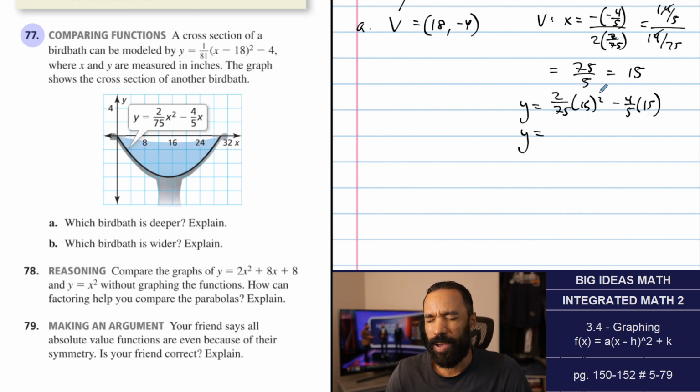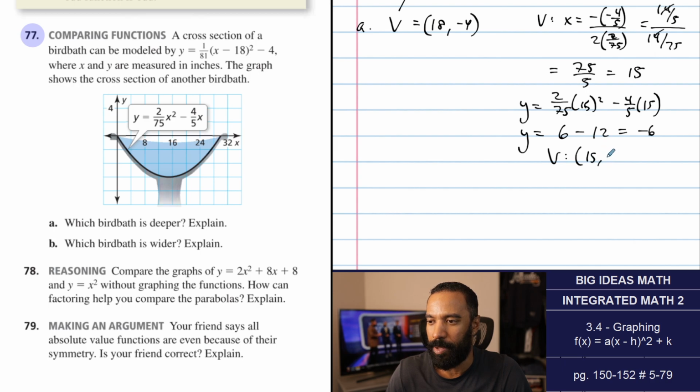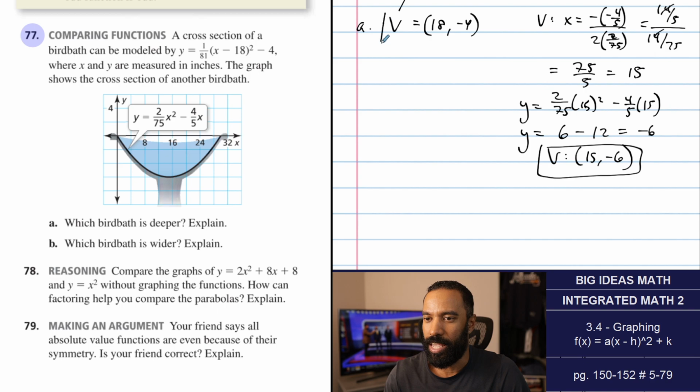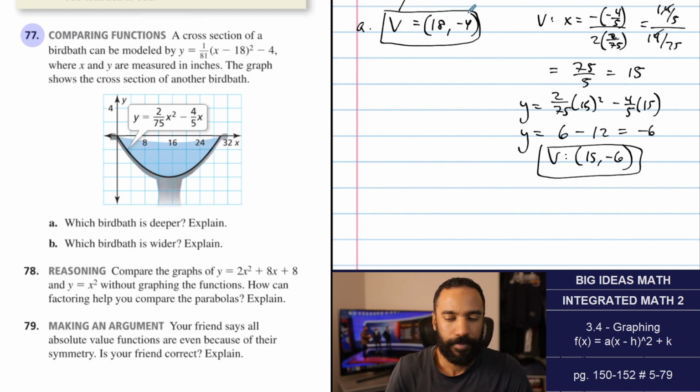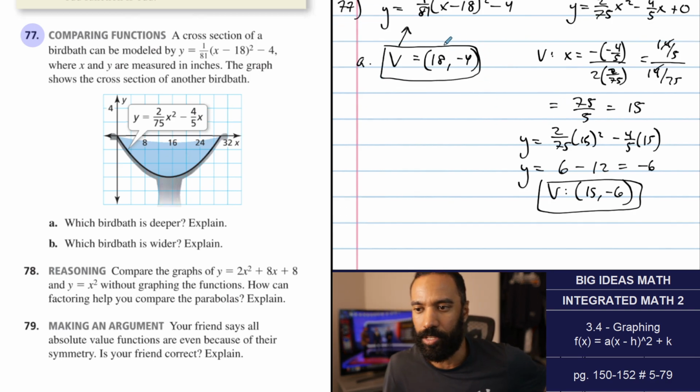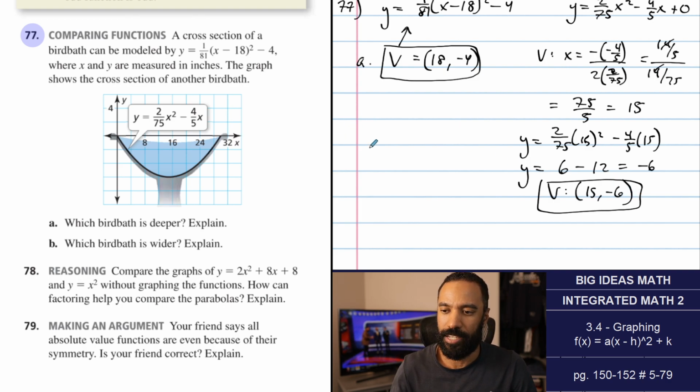15 squared is 225. 75 divided by that is 3 times 2 is 6. So I get 6 here minus 4/5 of 15 is 12. That's negative 12. Or negative 6, I should say. So this vertex is going to be at 15 comma negative 6. Now they asked which one is deeper. The deeper one is the one with the smaller y value, the negative 6.